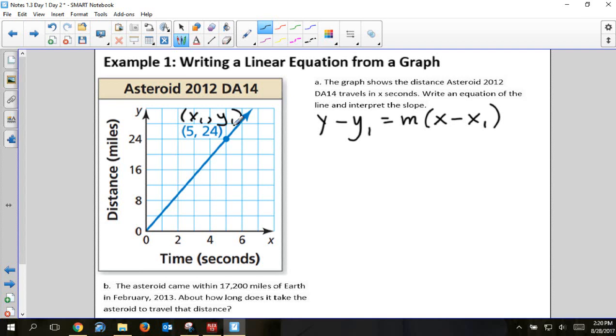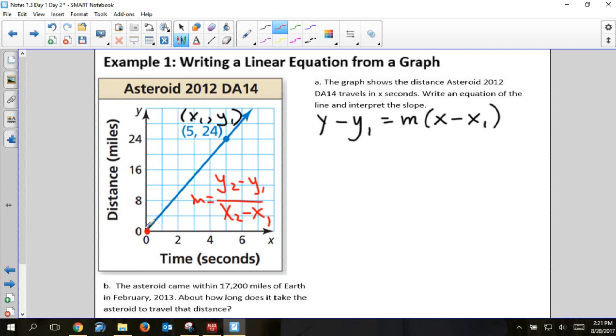So do I have the slope? No. So in order to find the slope, I need two ordered pairs. For slope, I have to do y2 minus y1 over x2 minus x1. So you have to look carefully. Is there any other ordered pair that this line passes through that you can pick out? 0, 0.